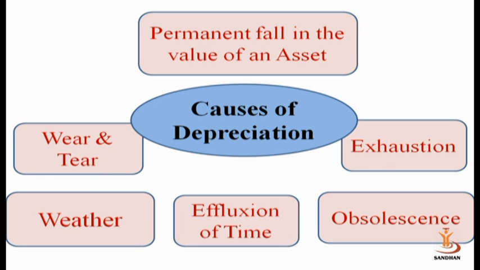The first reason is a permanent fall in the value of the asset. As year by year there is a permanent fall in the value of the asset, the depreciation is required to be calculated to replace the asset in the long run.